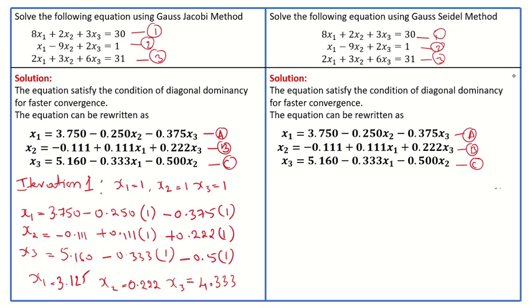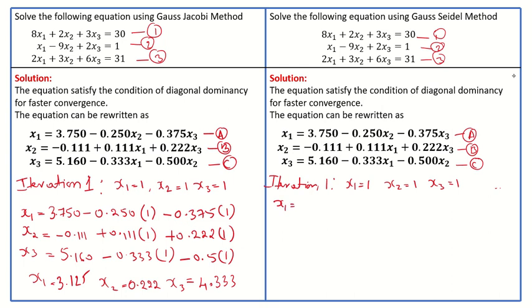So here in iteration 1, let us take the same trial values you have taken in the Gauss Jacobi method. So in iteration 1, we have taken x1 equal to 1, x2 equal to 1, and x3 equal to 1.